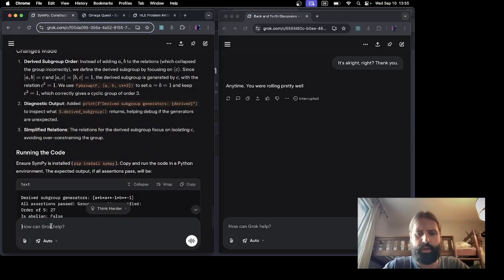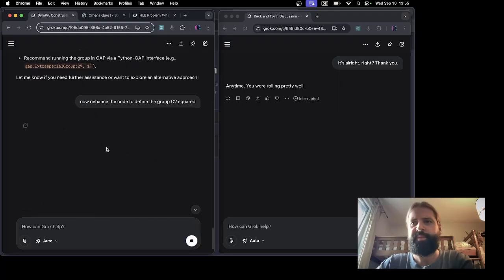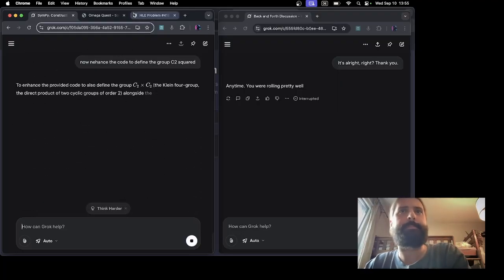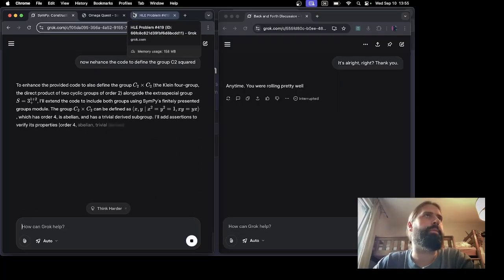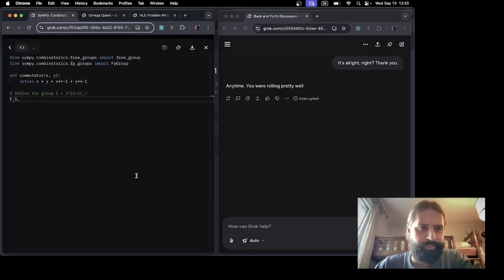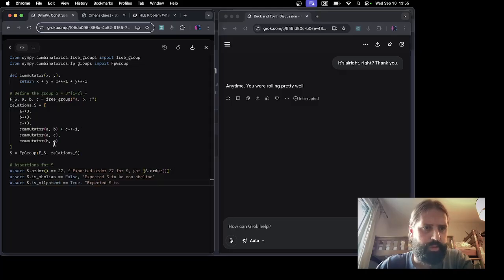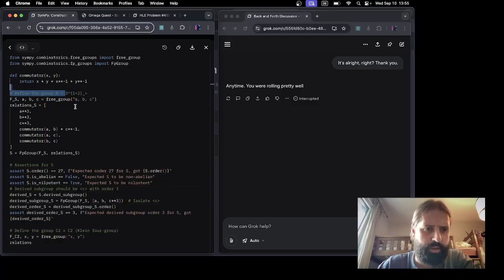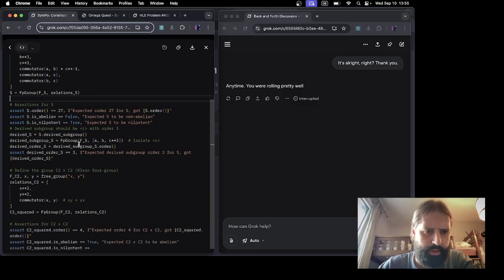Now enhance the code to define the group C2 squared. So we've got this one, we've got C2 squared.